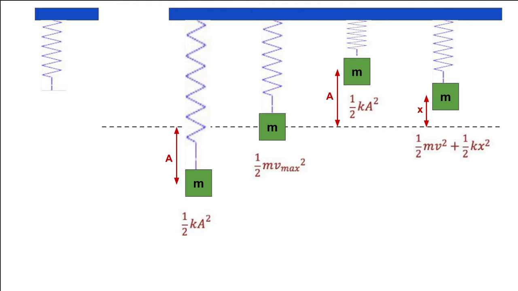So the key difference here is that the spring is relaxed, not really at the equilibrium point, but at the point before the mass is even attached to it.